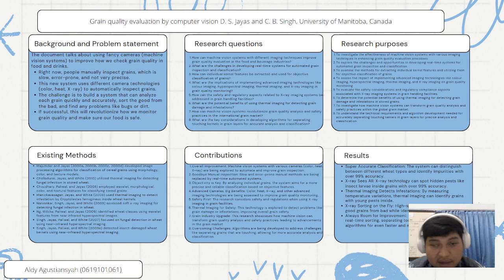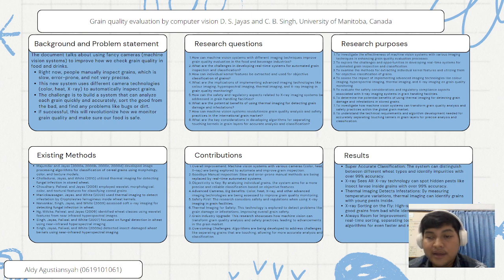Overcoming challenges. Algorithms are being developed to address challenges like separating grains that are touching, allowing for more accurate analysis and classification. Result: super accurate classification. X-ray sees all. X-ray technology can spot hidden pests like insect larvae inside grains with over 99% accuracy.